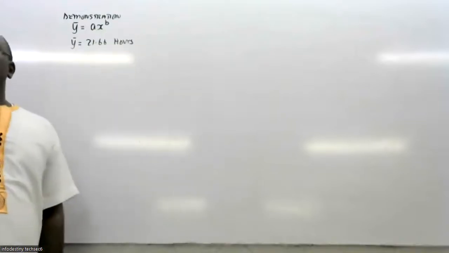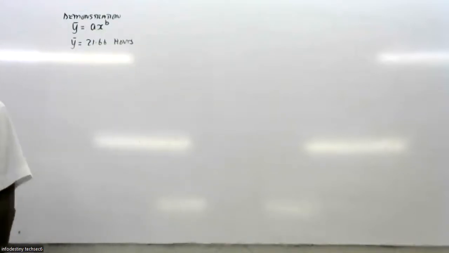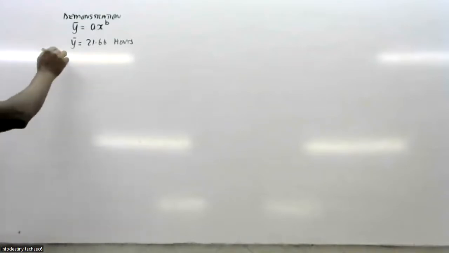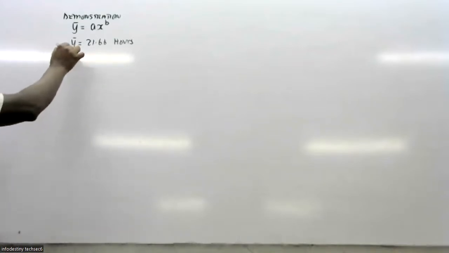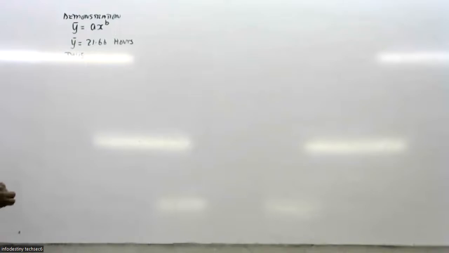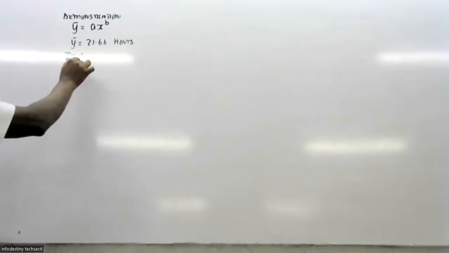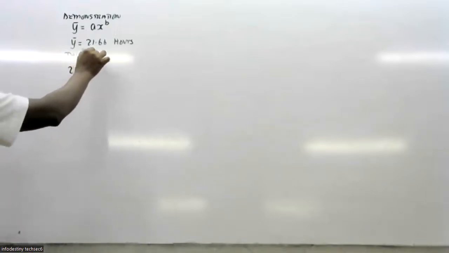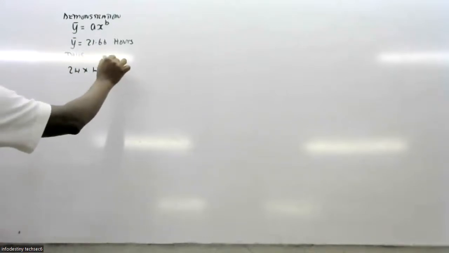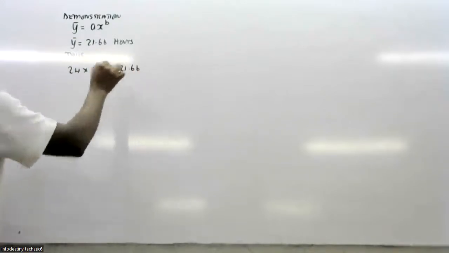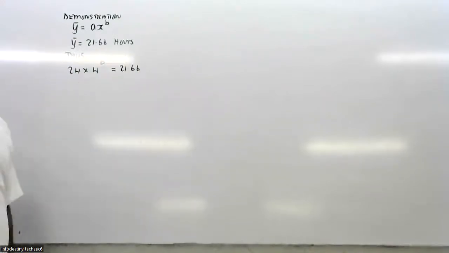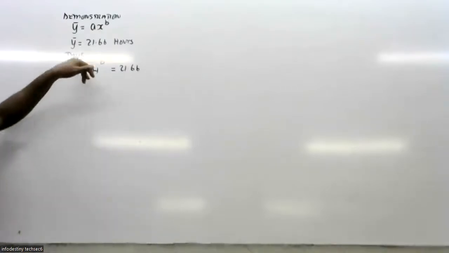We already know A, that is 24, times 4 raised to power B equals 21.66. We are substituting these values in this equation.